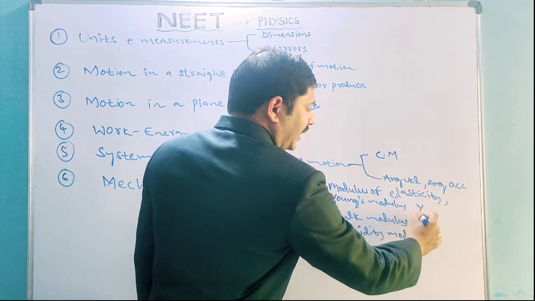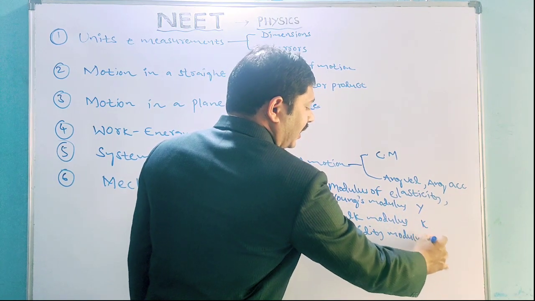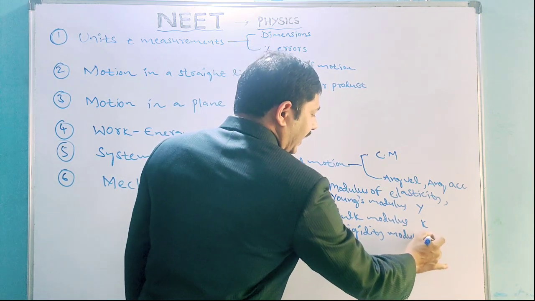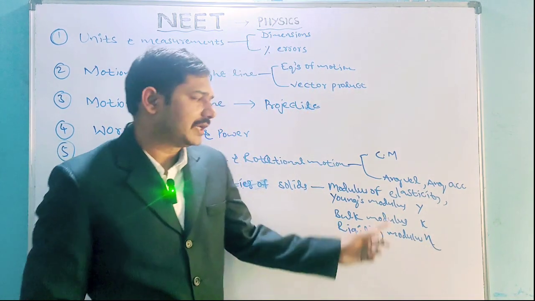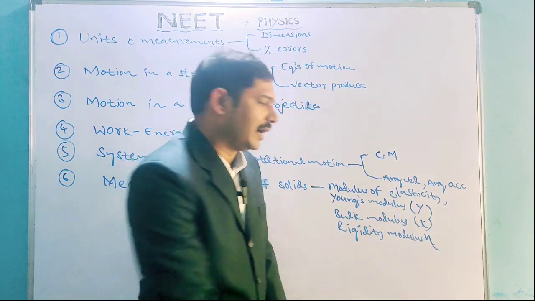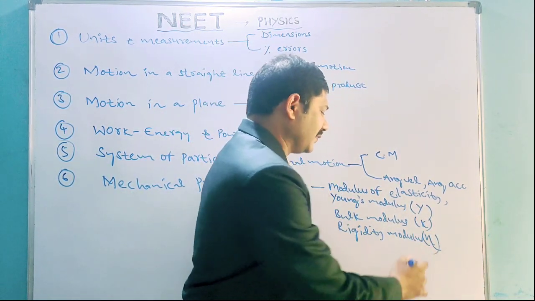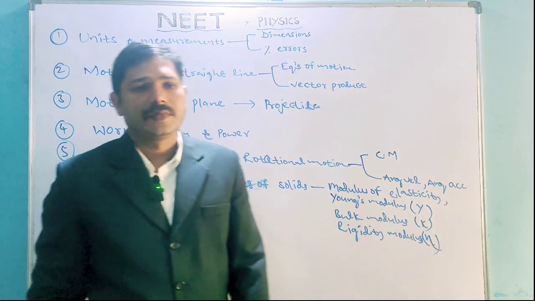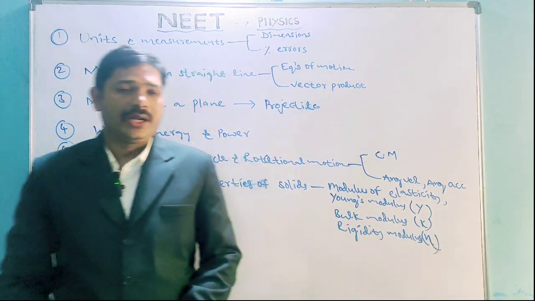Young's modulus is denoted by the symbol Y, bulk modulus is K, and rigidity modulus is eta. Based on this, one question is compulsory.